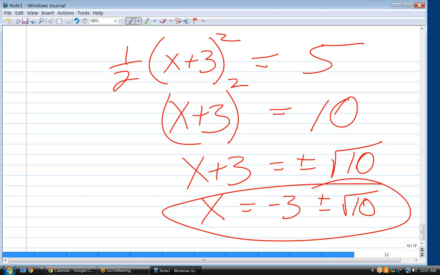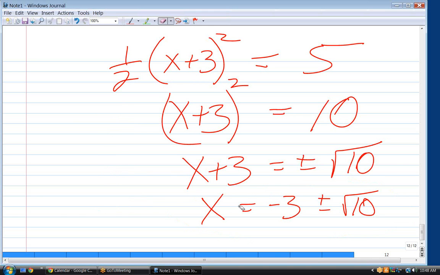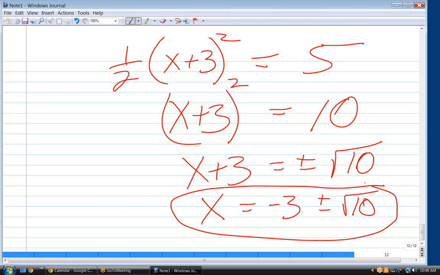Now, see, that was 1, 2, 3 steps. And I can tell by looking at the answer that if I were to expand that and bring everything over on one side and try to factor it, it's not going to factor. Because when you get irrational answers like that, it's always a not-going-to-factor problem.